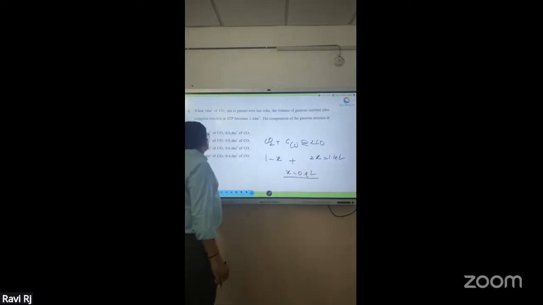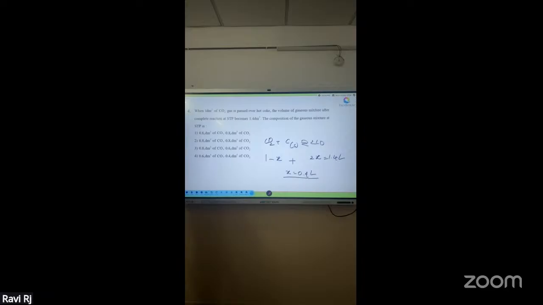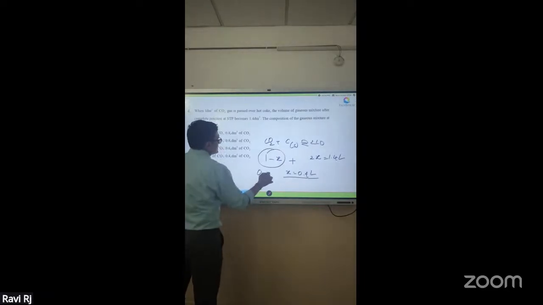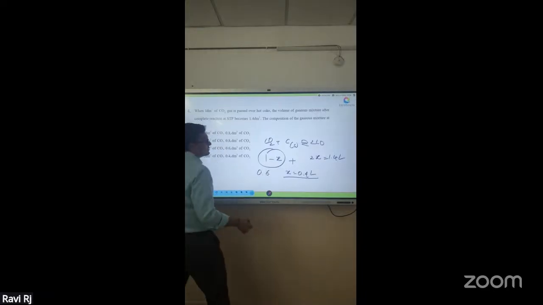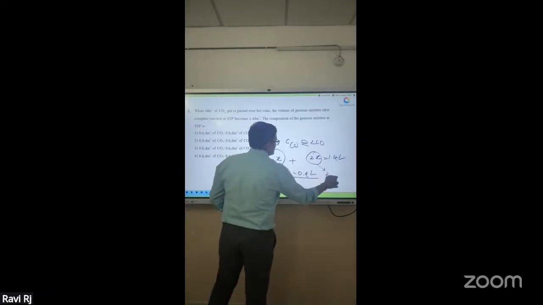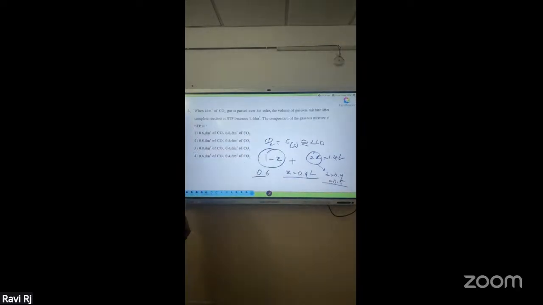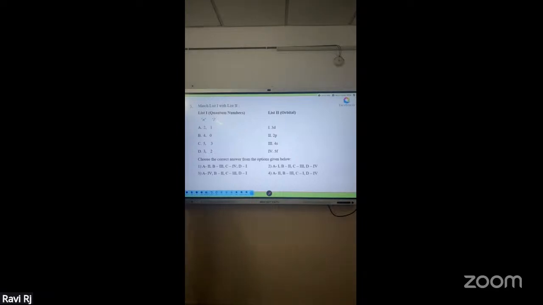Based on this you can see the composition of the gaseous mixture: the CO2 remaining is 1 minus X, that is 1 minus 0.4, which is 0.6, and CO would be 2 into 0.4, which is equal to 0.8. So the answer would be 0.8 of CO and 0.6 of CO2. That should be the perfect match to this question, option 3.